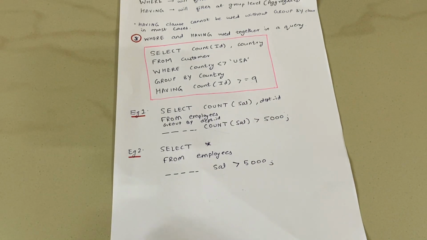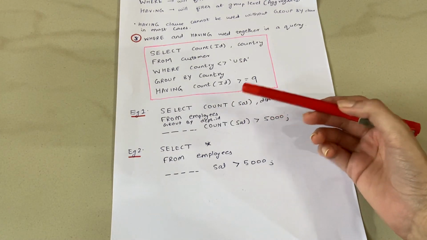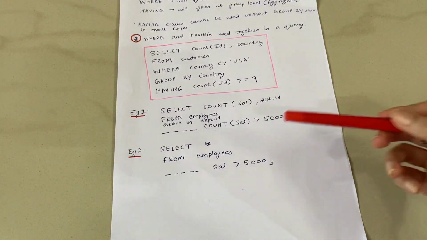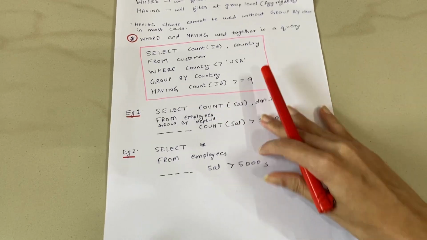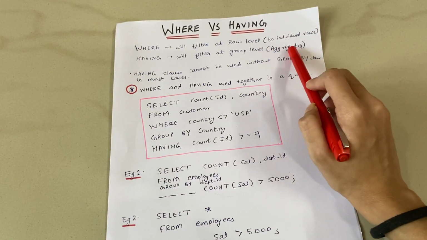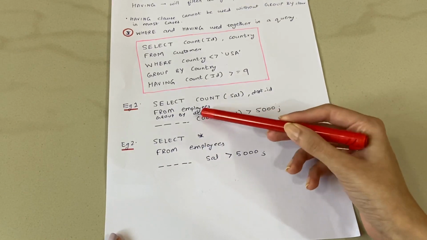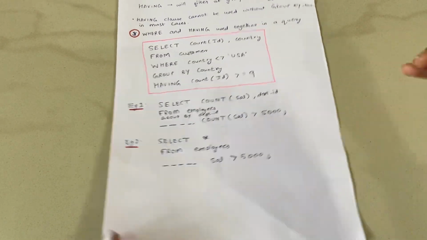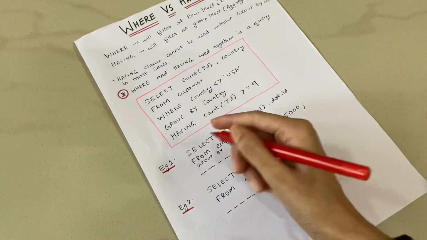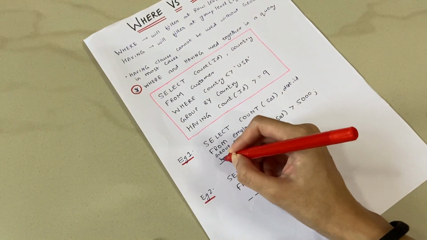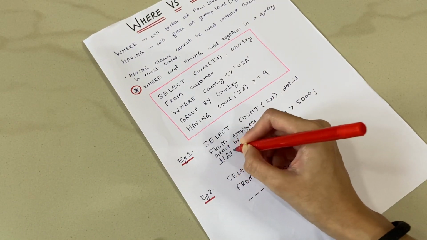I hope you all know what aggregate functions are. Count, sum, min, max, all those are aggregate functions. So whenever an aggregate function is involved, as I already said, whenever grouping is involved, and we are filtering based on an aggregate function, then we use HAVING. So here what will come? HAVING.